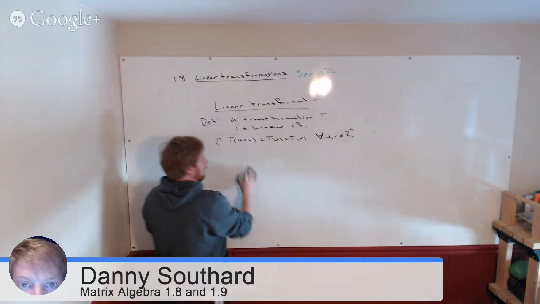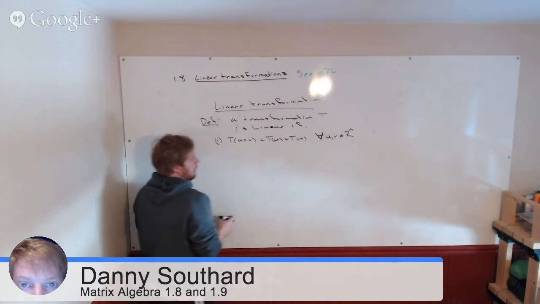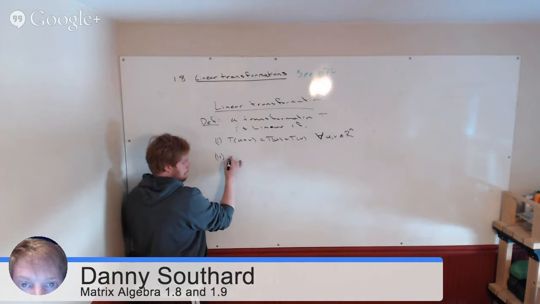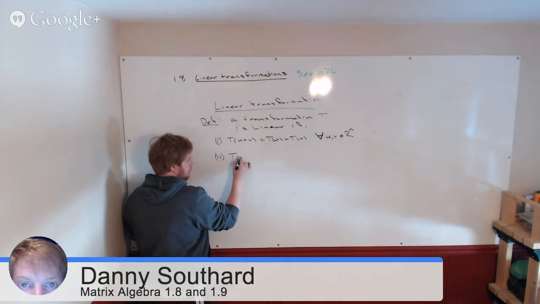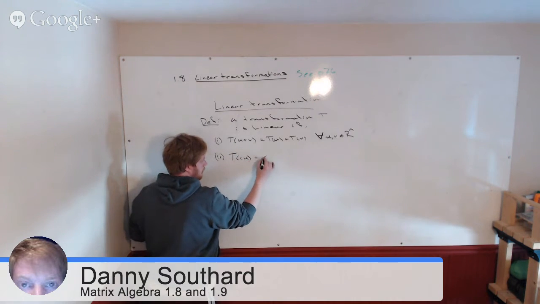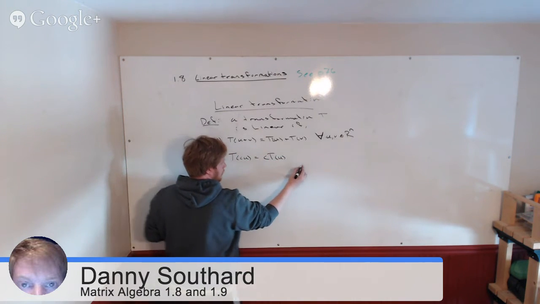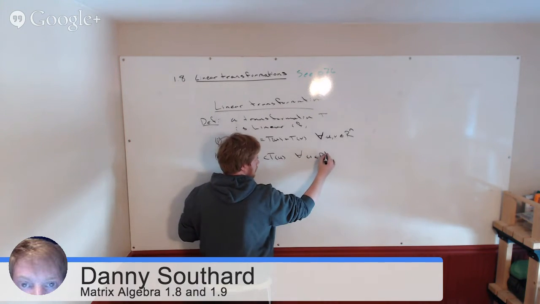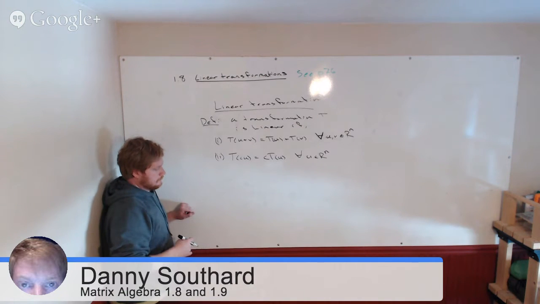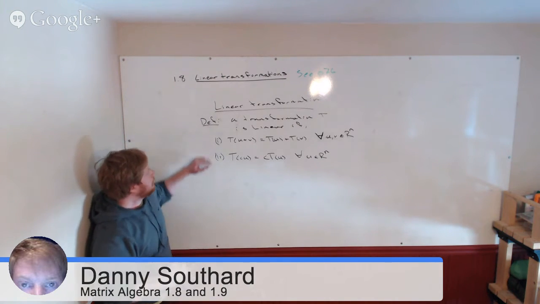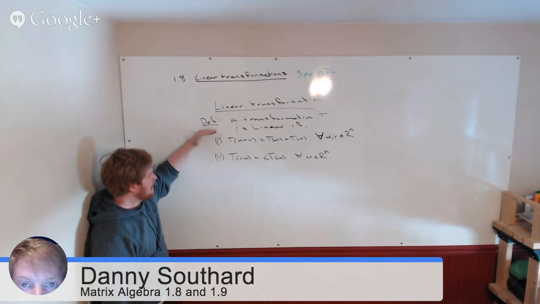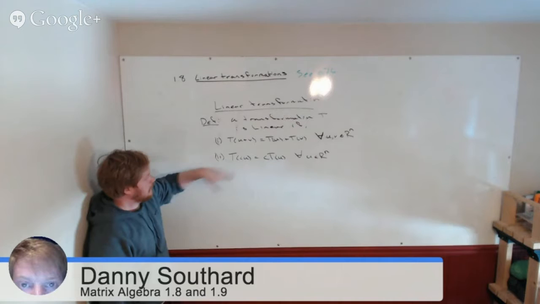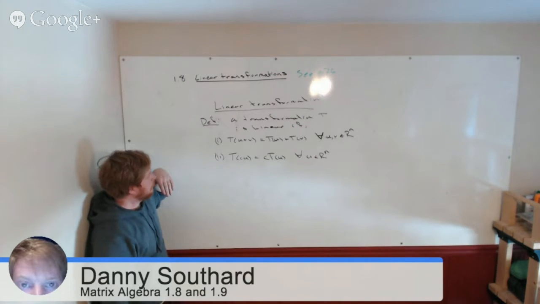So this must be true for all U and V in the domain Rn. Again, for all U in the domain Rn. Okay. So we say that a linear transformation is some transformation T if addition is preserved and scalar multiplication is preserved.